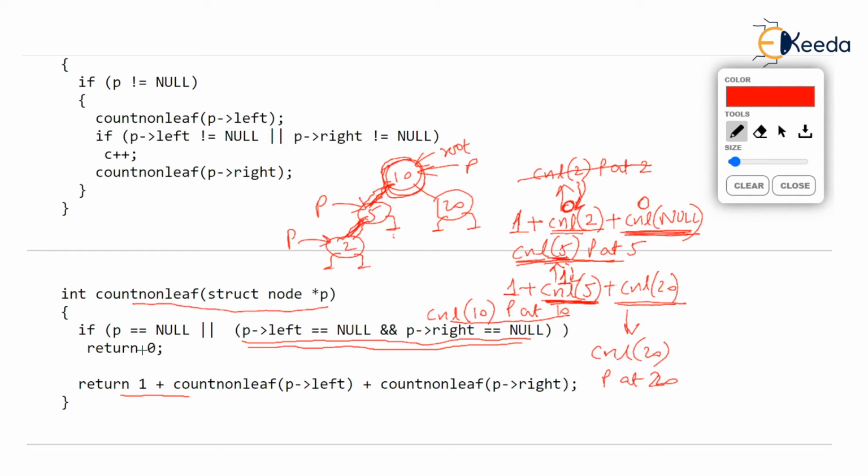We'll return 0, and count non-leaf 20 returns 0 at the call here. And now we are back at count non-leaf 10, which will return 1 plus 1 plus 0. So our main function, count non-leaf 10, will return 2. Isn't it so? I hope you are understanding.